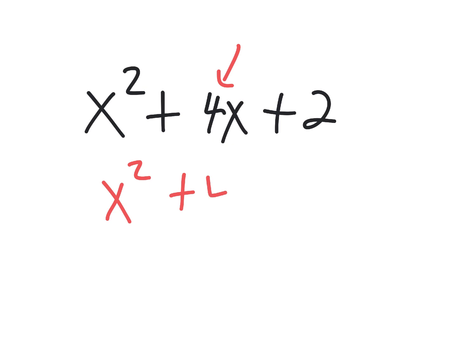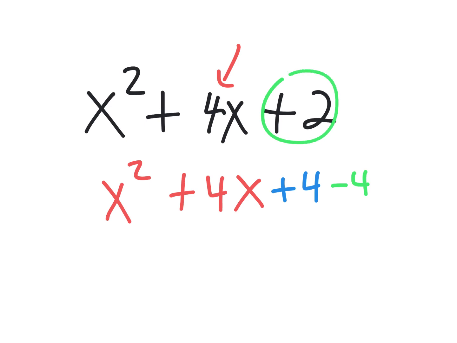What would have been perfect? What is half of 4? 2, and then square it. I wish there had been a 4 right there, so I put a 4 right there. Wishes can come true. But then, because I added 4, I got to immediately subtract 4. And don't forget that there was actually a 2 there. It comes in at the end.